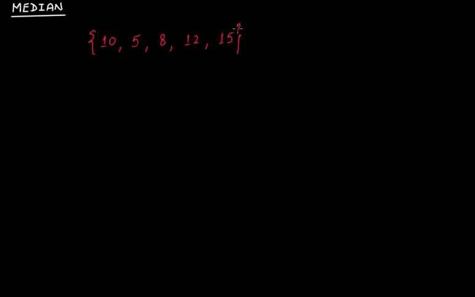Now you can see that in this data set we have 1, 2, 3, 4, and 5 values, right? It means that it contains, sorry, odd number of values. I'm really very sorry. It contains odd number of values because it has 5 values.